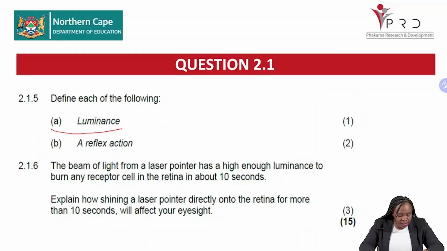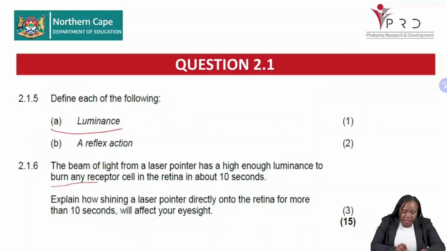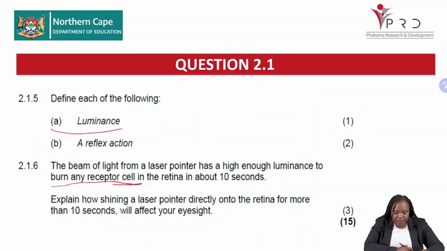Now 2.1.6, it says the beam of light from the laser pointer has a high enough luminescence to burn any receptor cell in the retina in about 10 seconds. Explain how shining the laser pointer directly into the retina for more than 10 seconds will affect your eyesight.